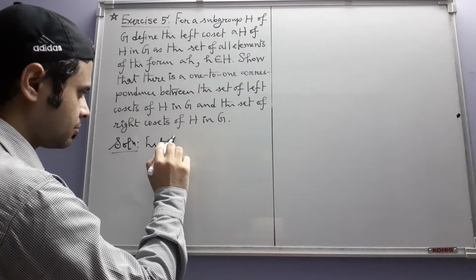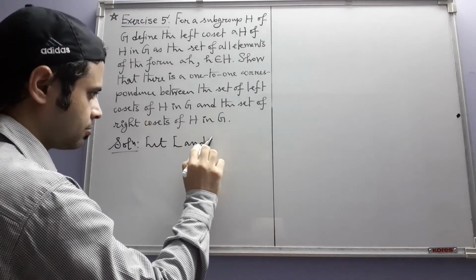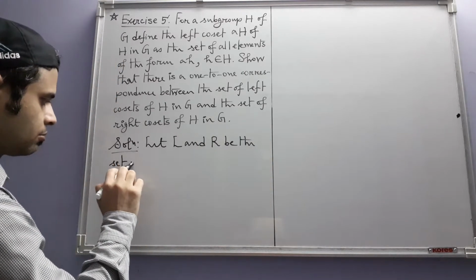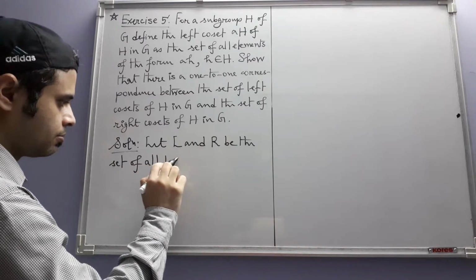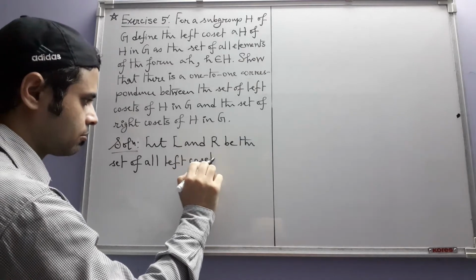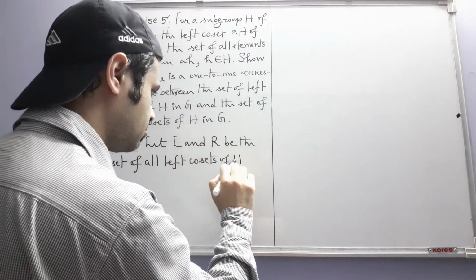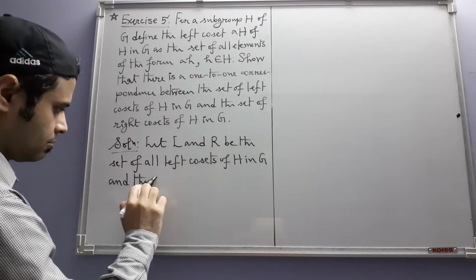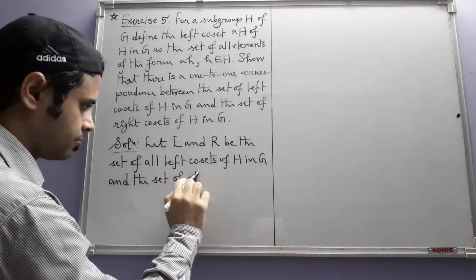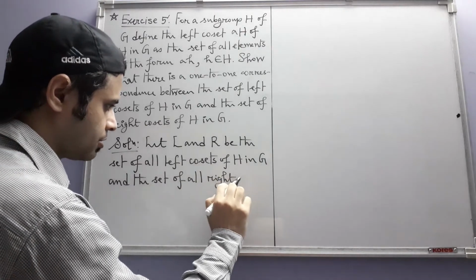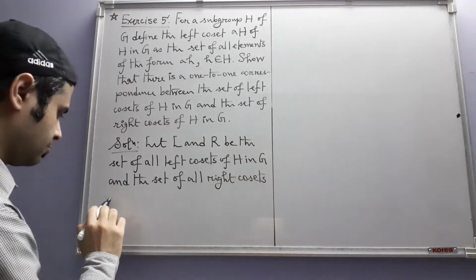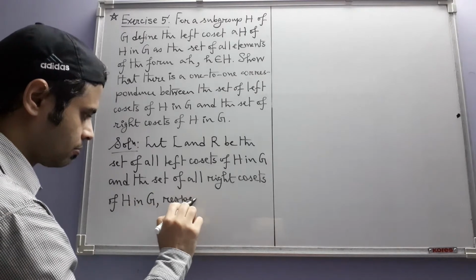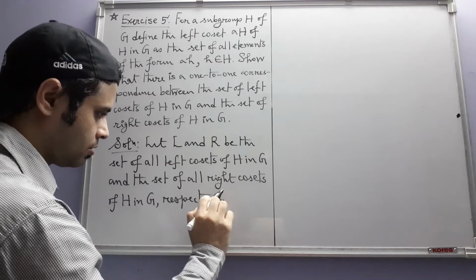Let L and R be the set of all left cosets of H in G and the set of all right cosets of H in G respectively.